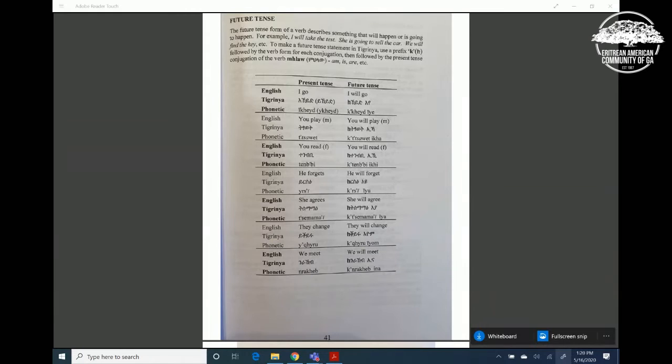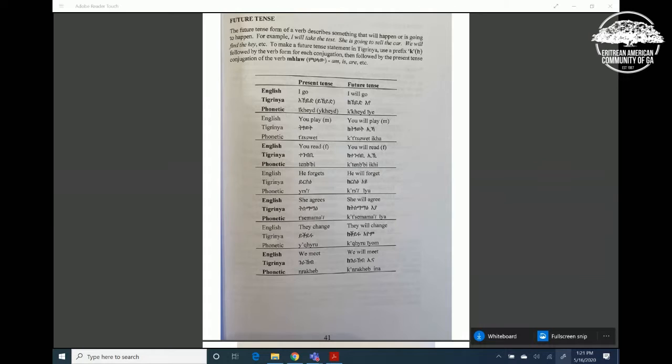You have to be able to conjugate all of them, starting with the personal pronouns: I, then we'll go to the plural from I, you, he, she, they, we, and they, plural and singular, feminine and masculine.